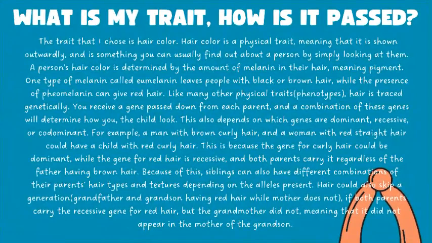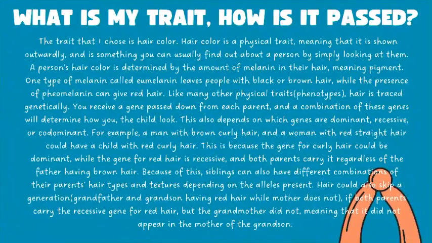You receive a gene passed down from each parent, and a combination of these genes will determine how you, the child, will look. This also depends on which genes are dominant, recessive, codominant, and completely dominant. For example, a man with brown curly hair and a woman with straight red hair could have a child with red curly hair.